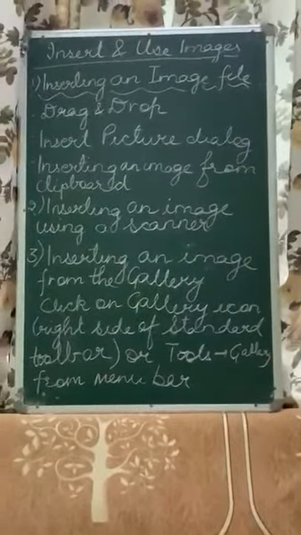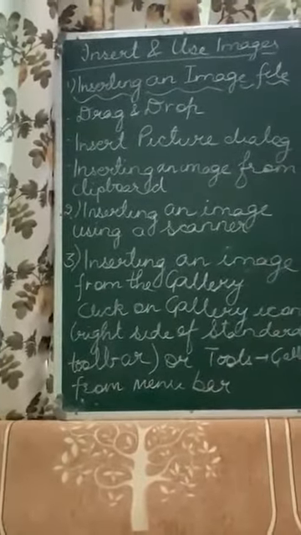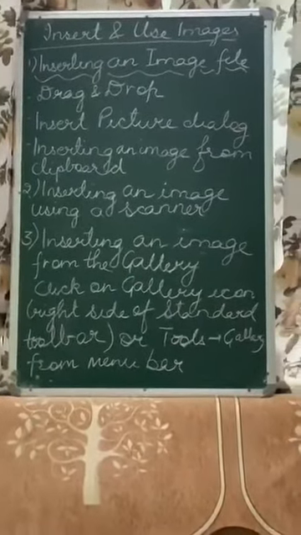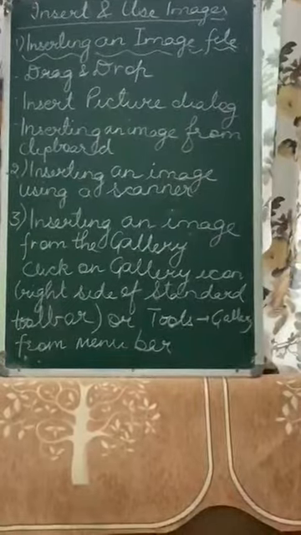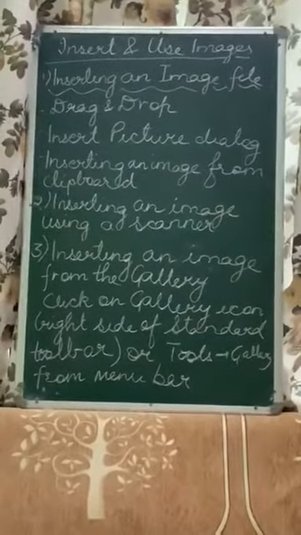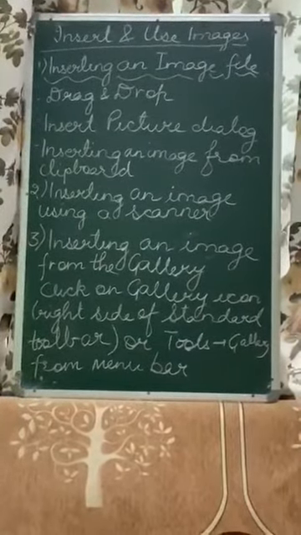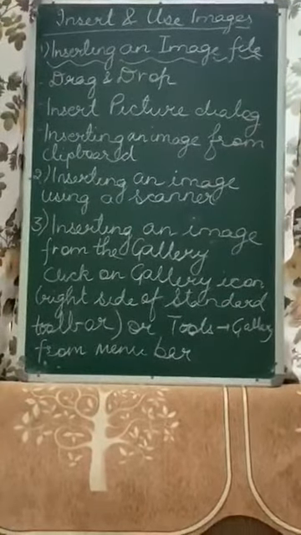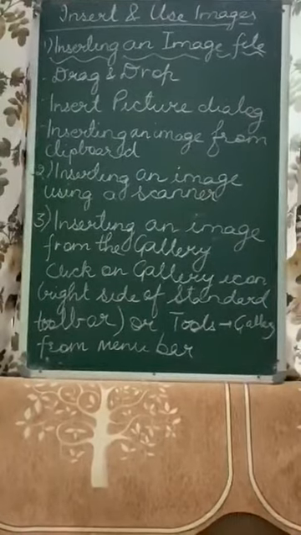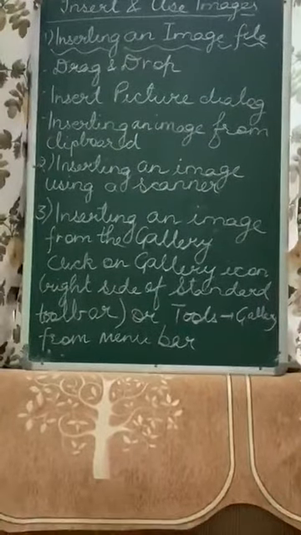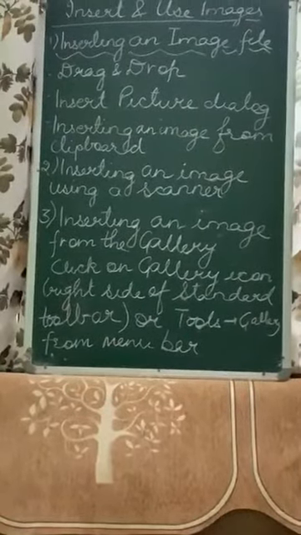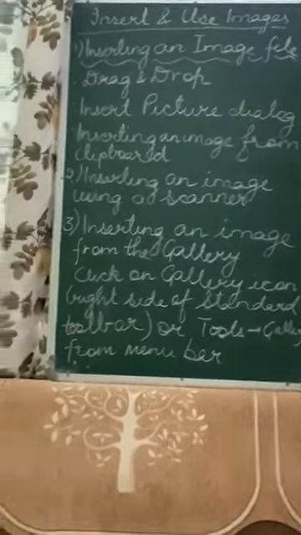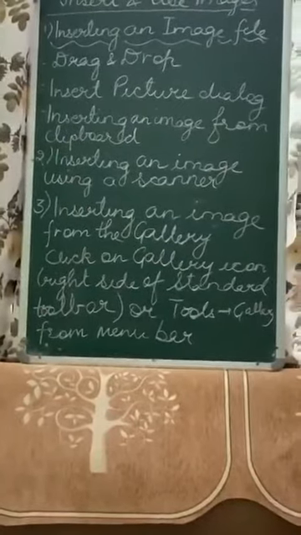To insert a picture from the gallery, click on the gallery icon located on the right hand side of the standard toolbar, or choose the Tools Gallery option. Navigate through the gallery to find the desired picture, and then simply drag it from the gallery and drop it in the Writer document. Or you can right click the picture and choose Insert Copy. So from the gallery you can easily insert an image in the openoffice.org document.